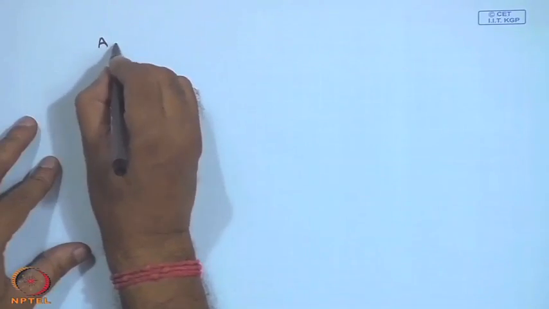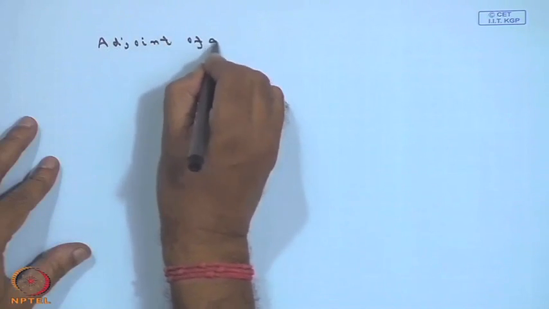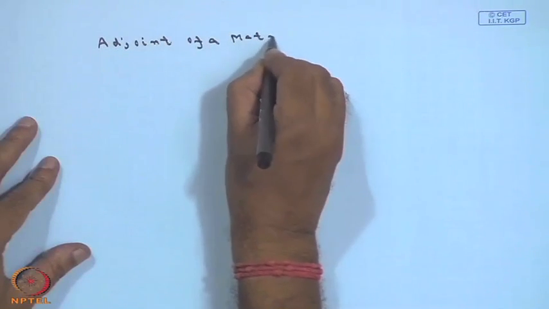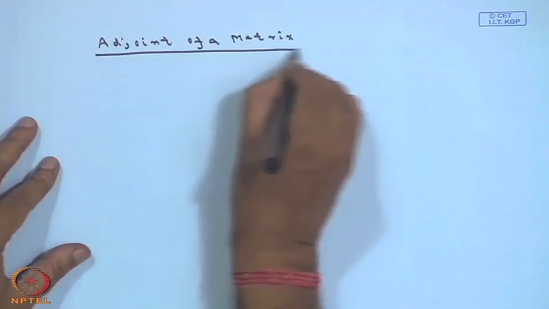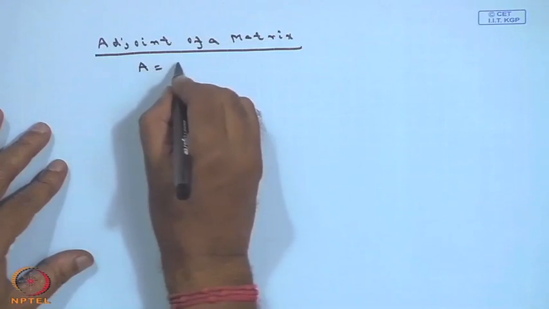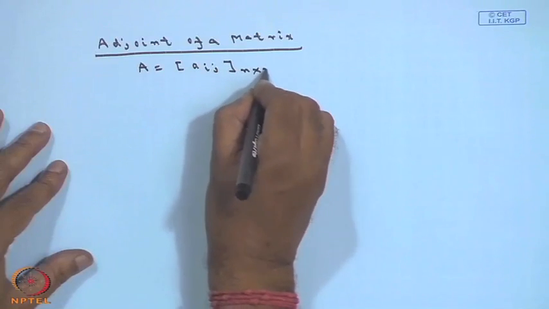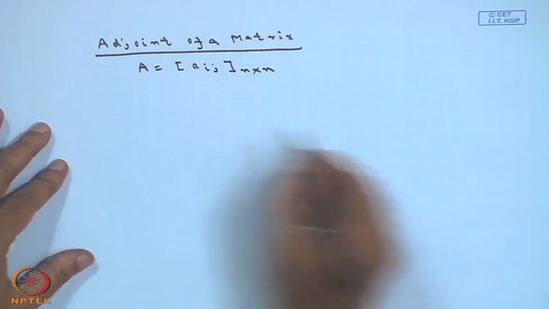The next one is adjoint of a matrix. You have a matrix A equals Aij, a square matrix of order n.